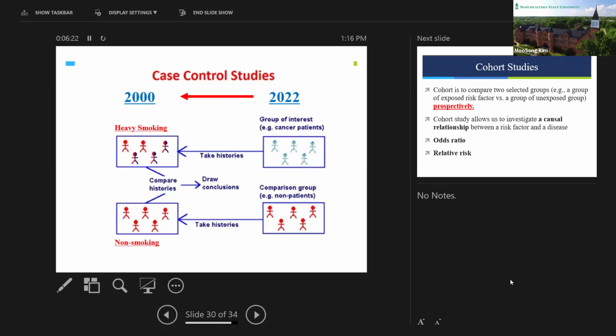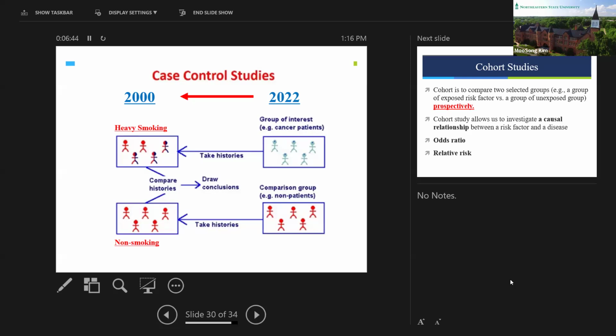Smoking, and the disease is lung cancer, right? So, case control study. We are now in 2022, okay? So we're going to recruit people who have the disease, which means we recruit lung cancer patients.